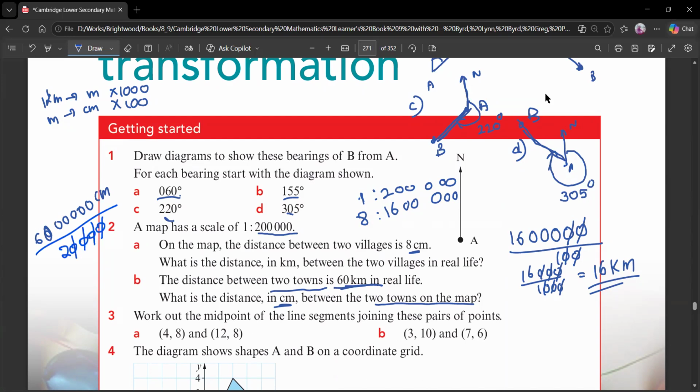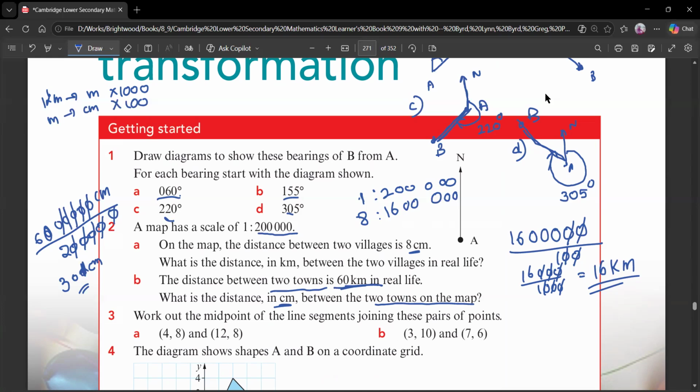When you divide, four zeros cancel. 600 divided by 2 is 300 centimeters? There are five zeros, so sorry, another zero should be cancelled. 60 divided by 2 is 30 centimeters in distance. It's 30 centimeters.